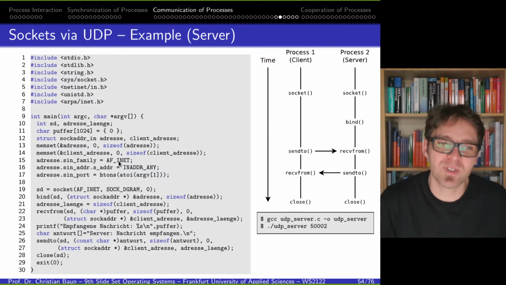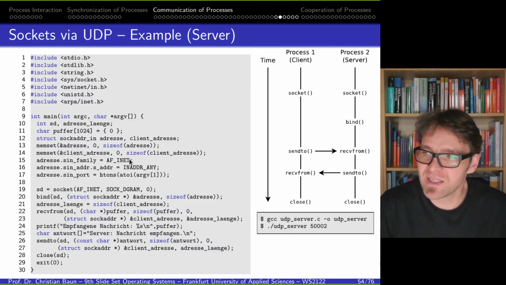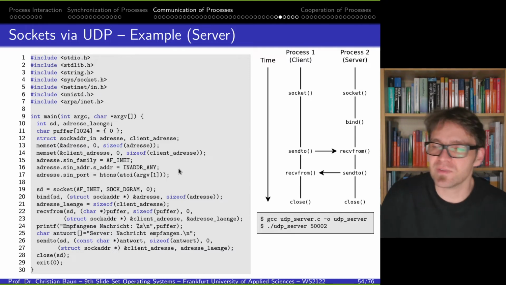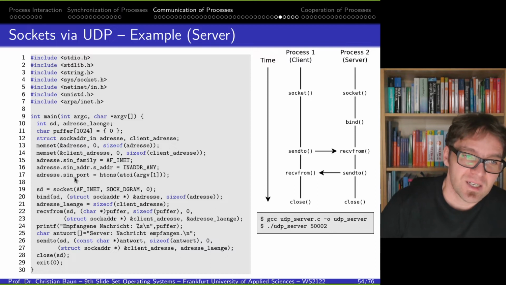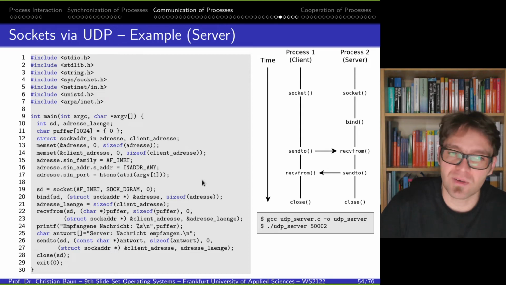We specify it's IP-based interaction on network layer, and we are willing to accept any sort of incoming requests. Finally, here we have a position for our port number, and here we specify the byte order.